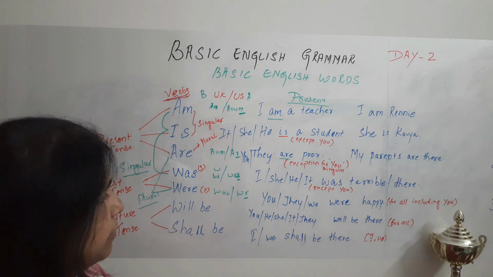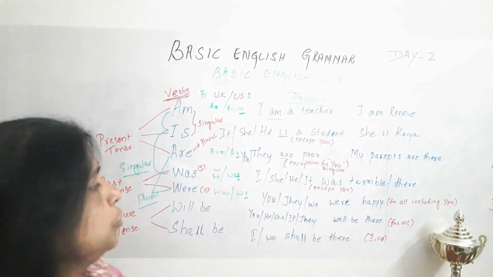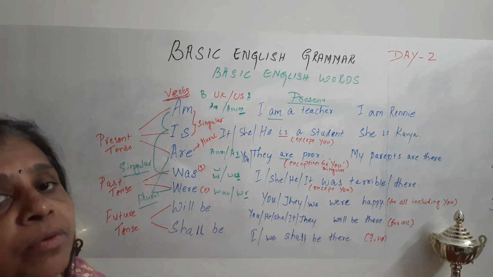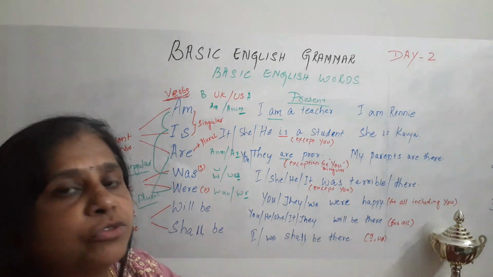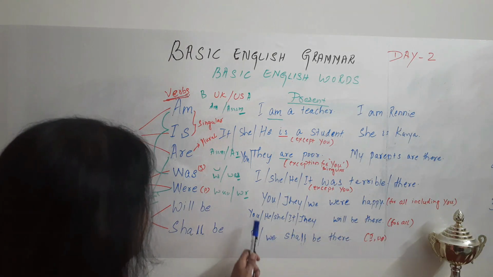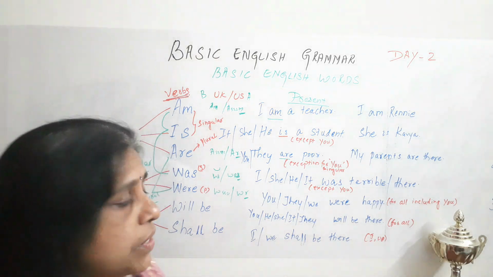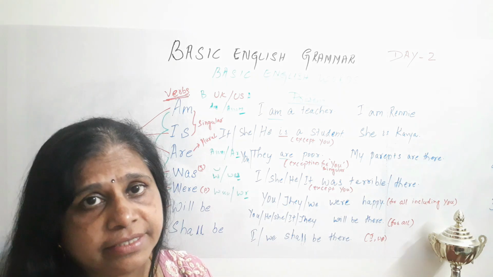I shall be there, we shall be there. Whereas in modern English we use "will be" for all, including I and we. We can use it for I, we, you, he, she, it, they. For all these we can use "will be" for future sentences.